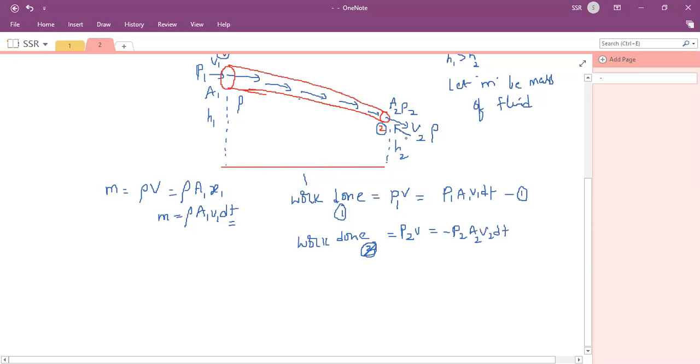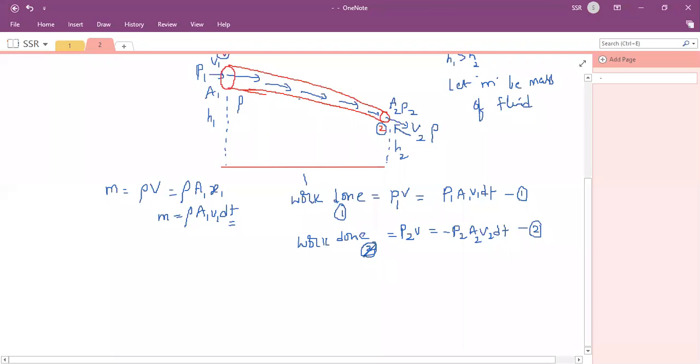Why? Because v2 and P2 are in opposite directions, force into displacement is opposite. The fluid is coming out, pressure is acting inwards. So minus P2 A2 v2 dt. Are you clear on equation number 2?